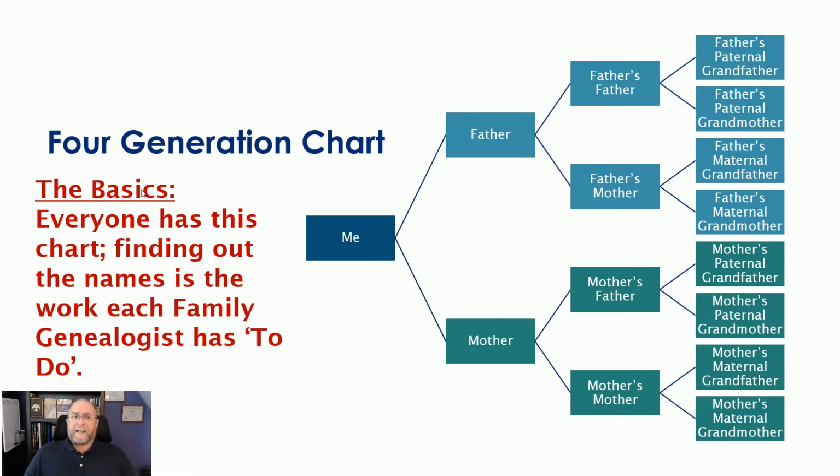The fact of the matter is, the basic thing is, we all have this same chart. It's the family genealogist, you or me, that's required to do this. It's our to-do. So remember that regardless of who you are, where you are in the world, or anything else, all of us have this same tree, and it continues backwards. We all start with ourselves.